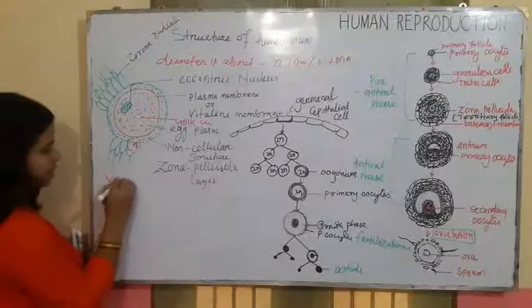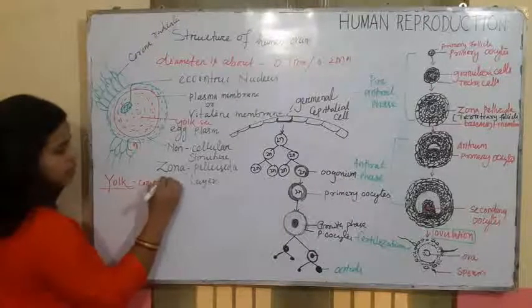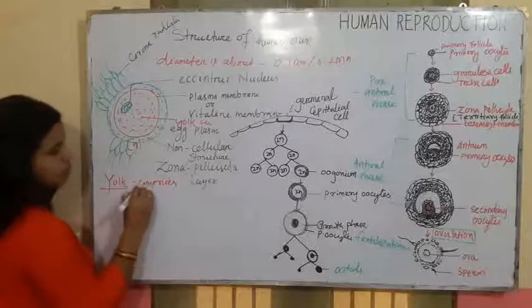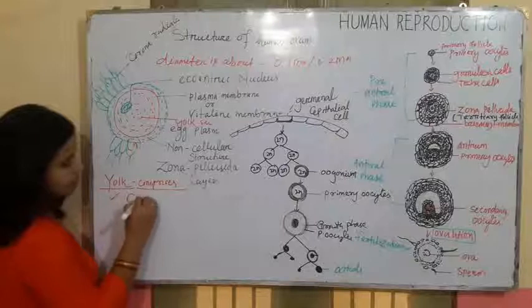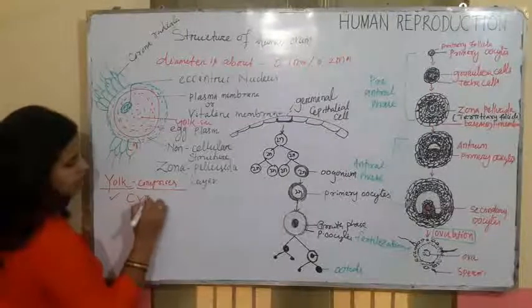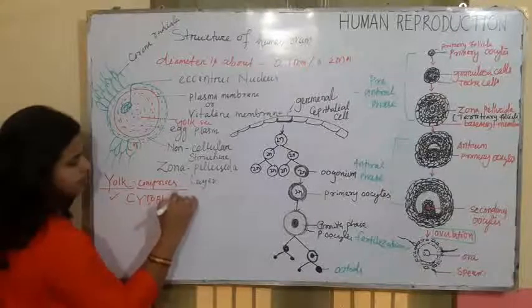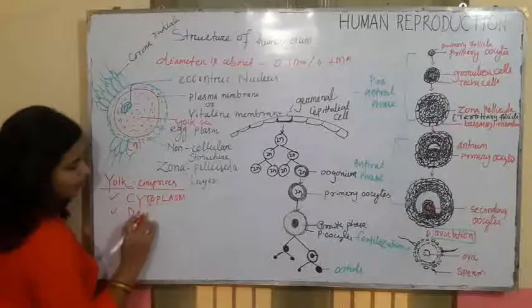The yolk which is present consists of two parts, that is one cytoplasm and another one called deutoplasm, okay.